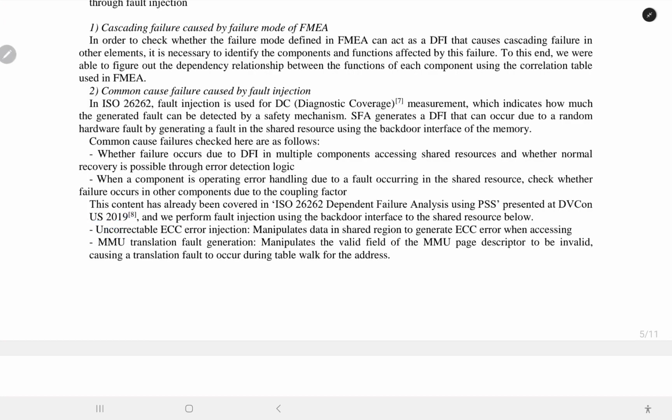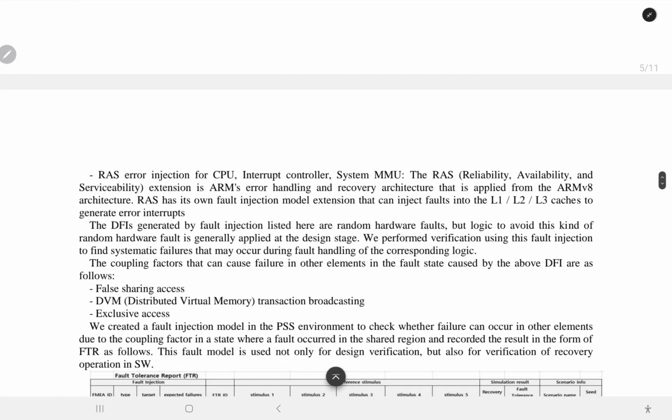Uncorrectable ECC error injection manipulates data in a shared region to generate an ECC error when accessing. MMU translation fault generation manipulates the valid field of the MMU page descriptor to be invalid, causing a translation fault to occur during the table walk for the address.